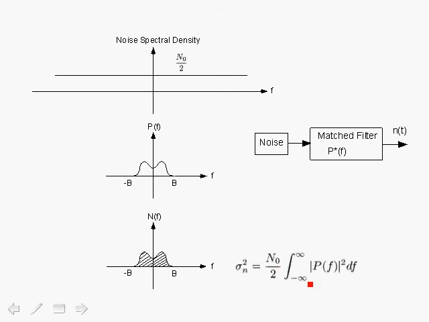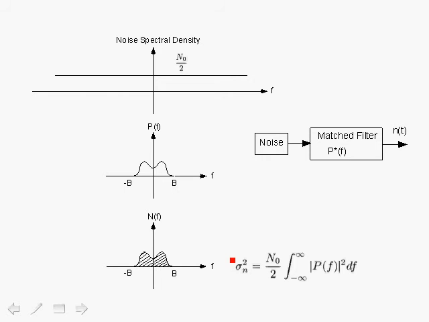So we integrate basically the area underneath P sub F squared, and in that case it doesn't matter whether you have P sub F or P conjugate of F, and we obtain the variance of the noise at the output of the match filter. So to summarize, we have an expression for the variance of the noise at the output of the match filter. It is Gaussian noise. However, unlike the input, which was white Gaussian noise, in this case we have correlated band-limited Gaussian noise.